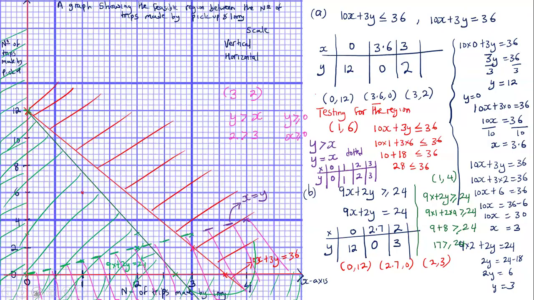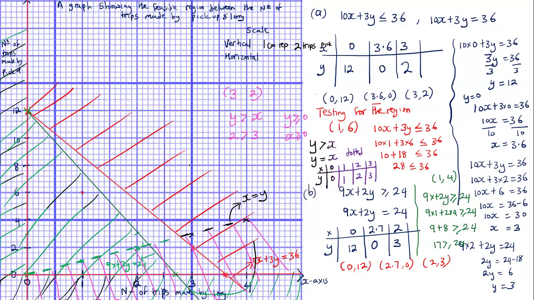Like I've said here, I use a different scale. Some of you use a different scale. Go to the vertical. On the vertical, you notice that 1 centimeter represents 2 trips, I will say 2 trips made by the pickup.